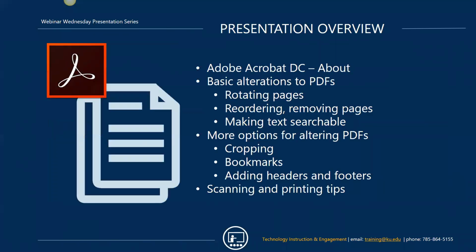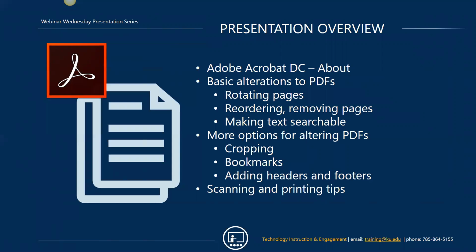All right, so just a quick overview of what we're going to cover today. We will talk first just about Adobe Acrobat DC and how it is different from the free version of Adobe Acrobat, as well as how you can get it on your work machine and or personal machine. And then we'll get into a series of example files. In the first file, we'll talk about basic alterations to PDFs, so how you rotate pages, how you can reorder, remove pages, how to make text searchable if you've got a scan maybe of a book or an old journal article or something like that.